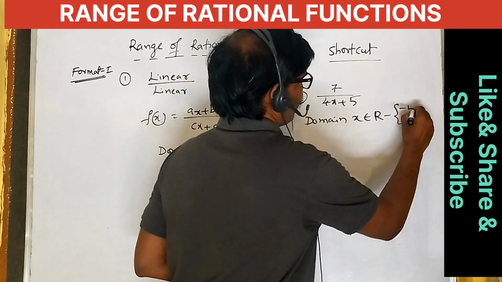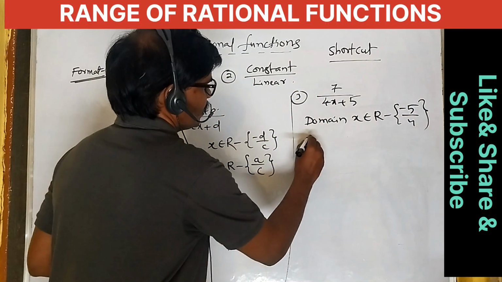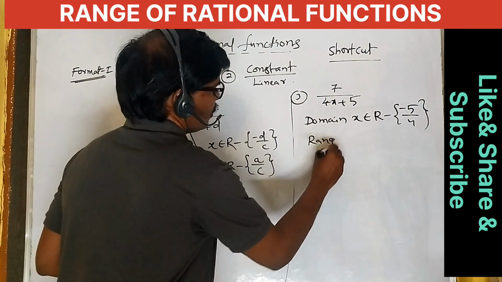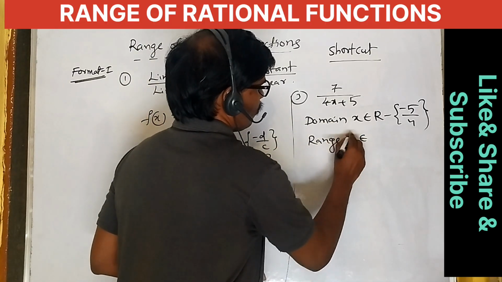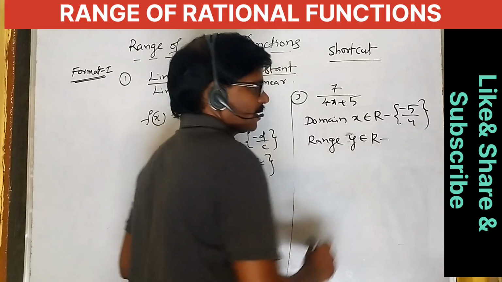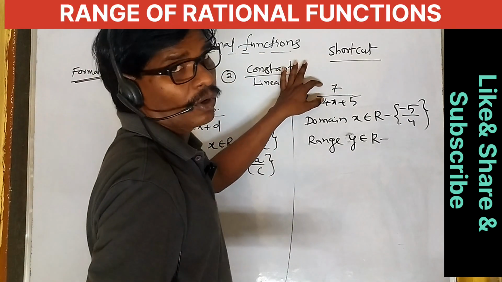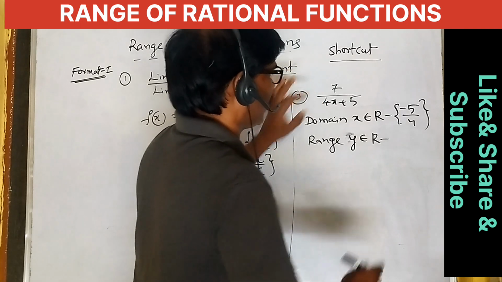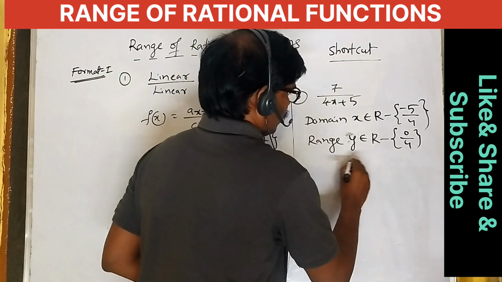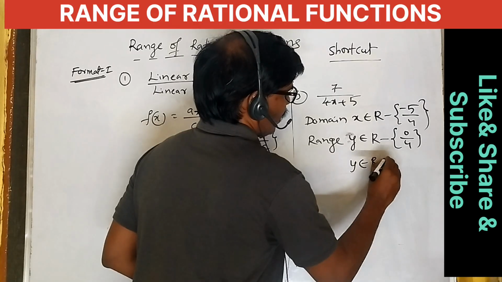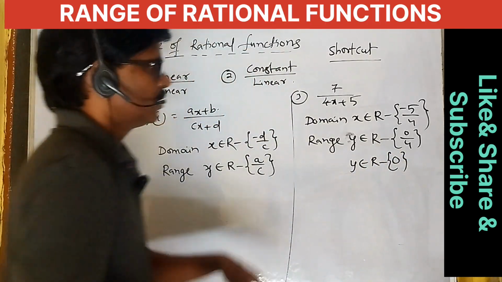What is the d value? 5, so minus 5 by 4. What is the range? Range y belongs to R minus. What is the x coefficient in the numerator? 0. So a by c is 0 by 4, which is 0. The range is y belongs to R minus {0}. This is the range.